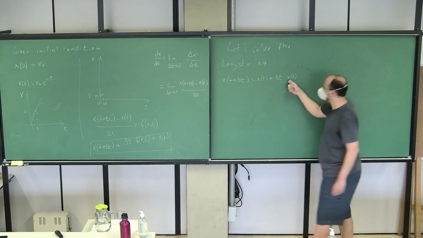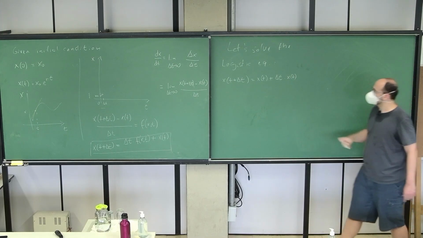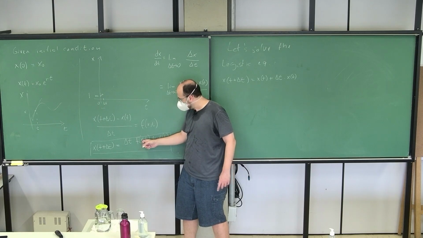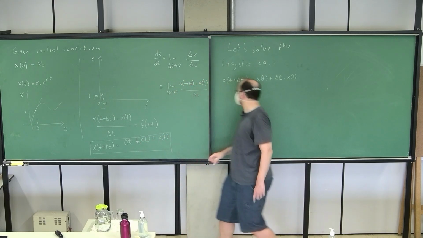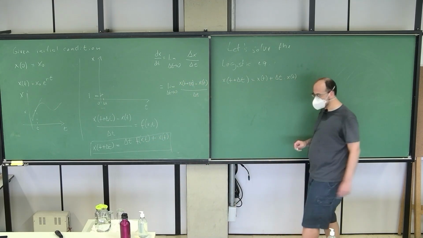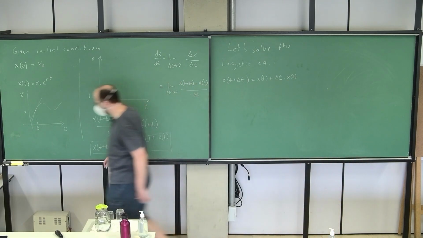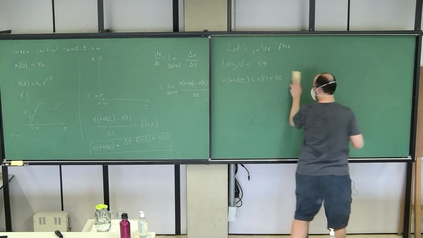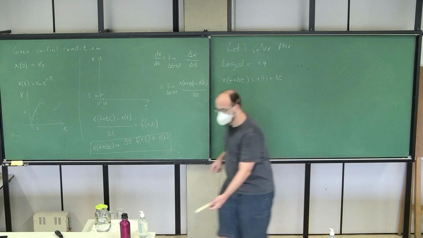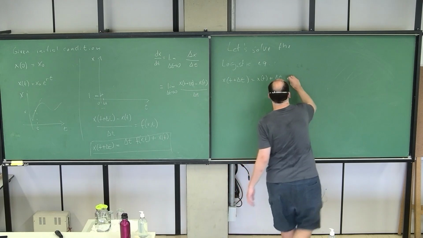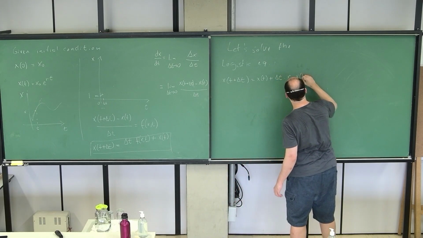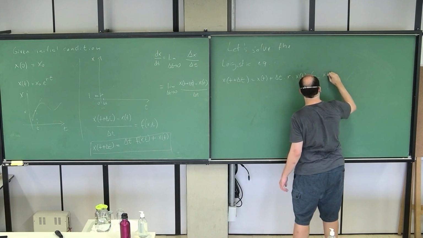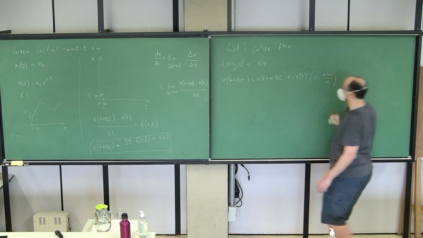I will put explicitly the x here to mean that the x that appears here is x at time t. I forgot the r over there. So the function f here is r times x of t times 1 minus x of t over k, like this.